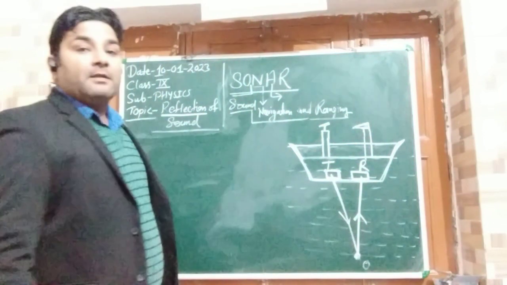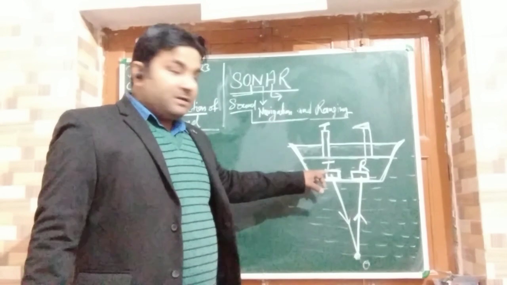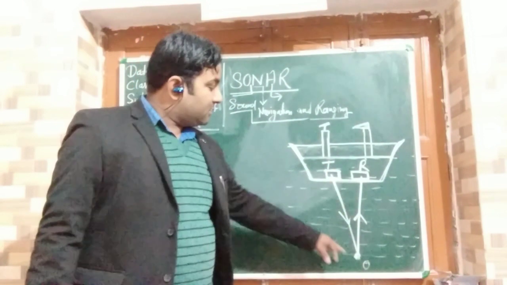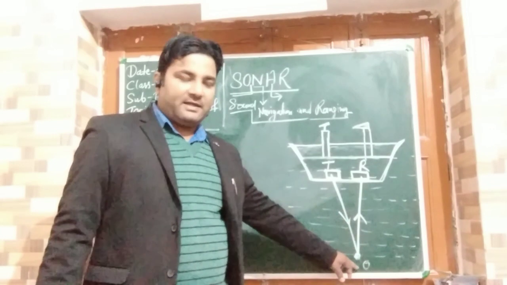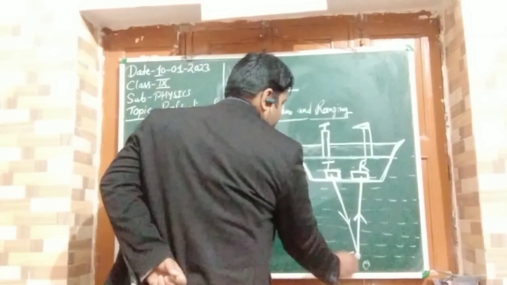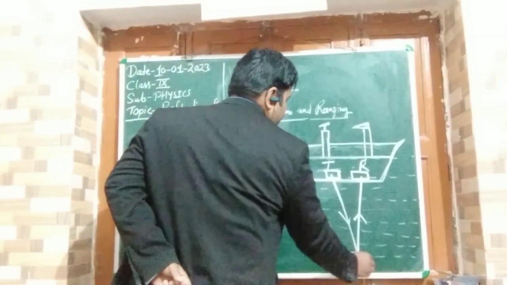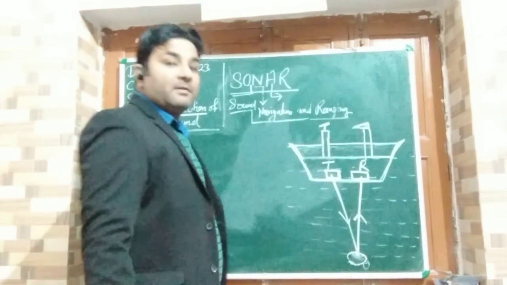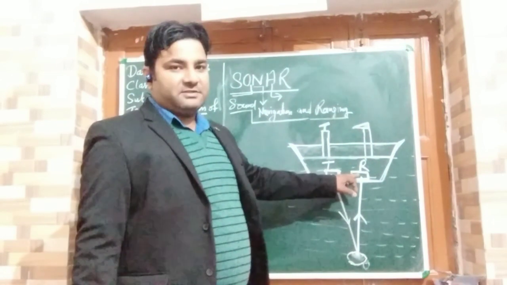Clear? This transmitter is for transmitting the ultrasonic wave towards this object, and this object means having a rigid surface, and it reflects the sound back, and this is the receiver system.